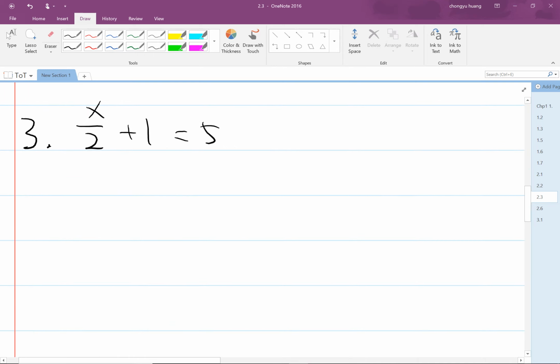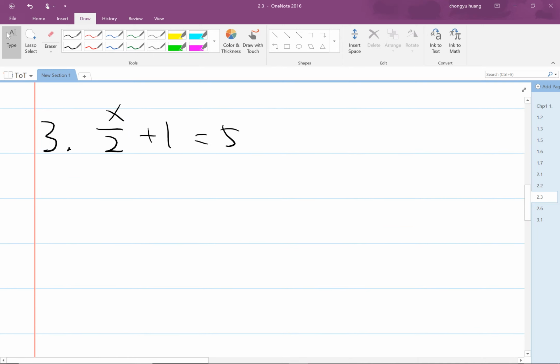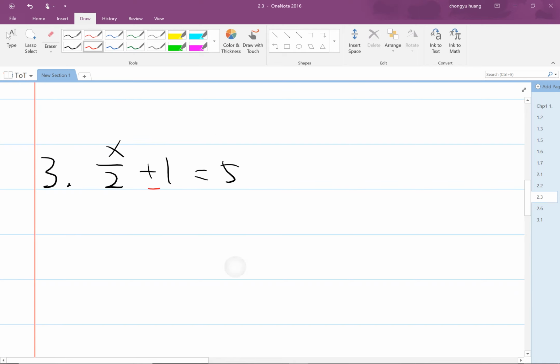So question 3 is almost the same step, right? We have x over 2, and then we want to move plus 1 to the other side, so it becomes negative 1.